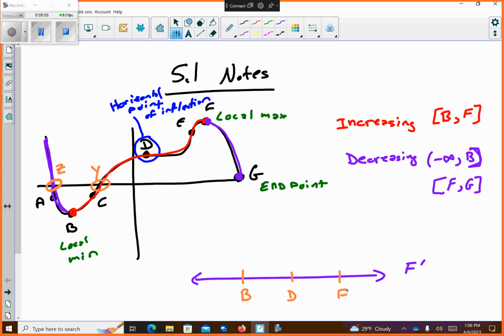To the left of B, in the purple region, so from negative infinity to B, it's decreasing. It would have a negative slope. From B to D, so let's do this. And I'm going to try something, and we're going to see if this works. So here it's negative slope. Anywhere along there's negative slope.